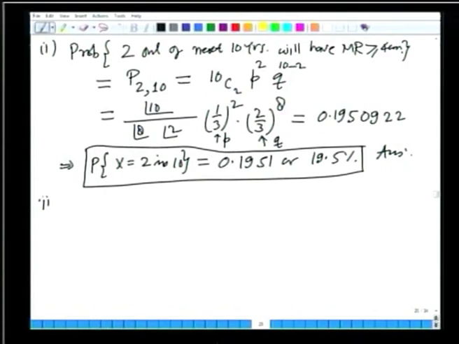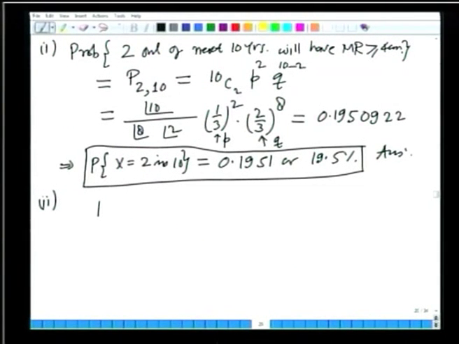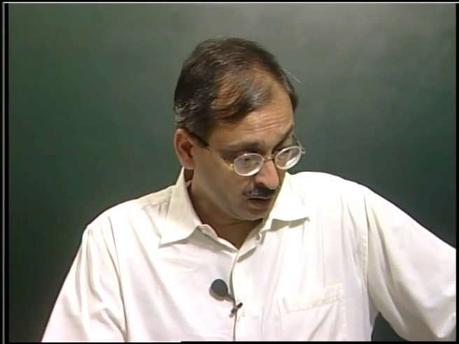Look at the second one. Let me go back. The second one says, what is the probability that in the next 6 years, no March runoff will be 4 centimeter or more. Okay. What does that mean? In terms of your p r comma n, no March runoff will be greater than or equal to 4 centimeters, all right, in n particular years or in 6 years in this case.